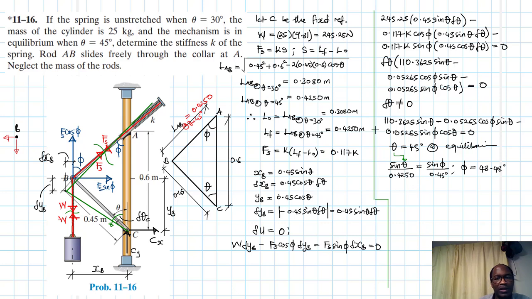So we have all the values, and we just plug in this value here, and also there, and where we have phi, we plug it also there. We have values of phi and theta. We can therefore make k the subject of the formula. There's a k here that I forgot to write, a k somewhere in between.